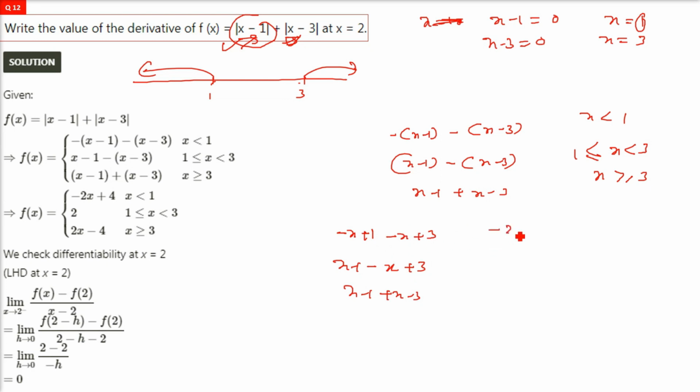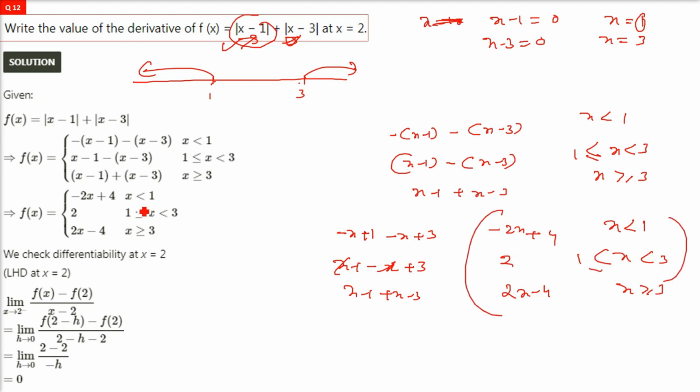This is going to be minus 2x plus 4. This gets cancelled. 3 minus 2 is 2. And 2x minus 4. This is for x less than 1. This is for x between 1 and 3, inclusive of 1. And this is going to be x greater than or equal to 3. Okay, I hope you got the idea. How did we get this answer?